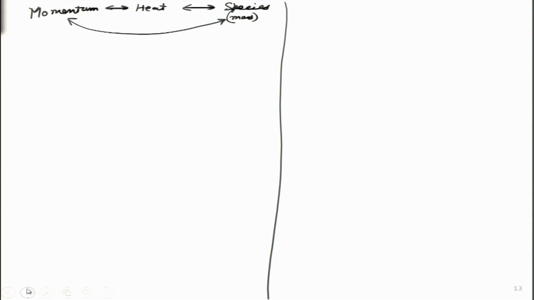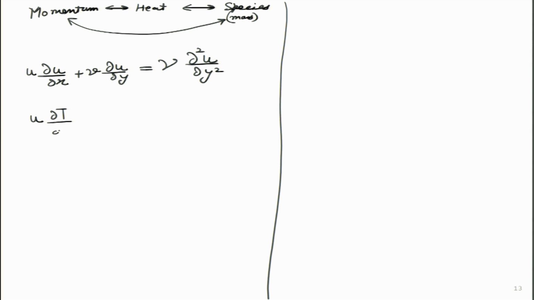So, if I write the x direction momentum equation, it is simply u del u by del x plus v del u by del y is equal to nu del square u by del y square, and the heat energy equation I can write is something like this.